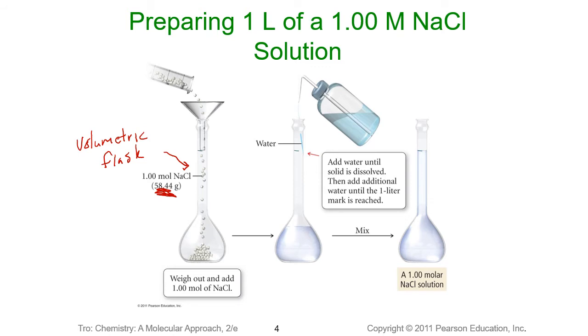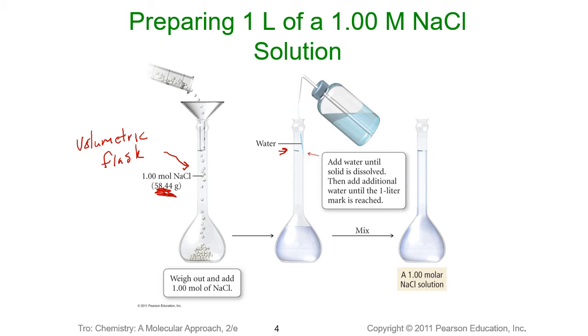It's good to start with a little water in the volumetric flask before you add your solid. Swirl it to dissolve it into the solution before adding the water up to the measurement line on the neck.